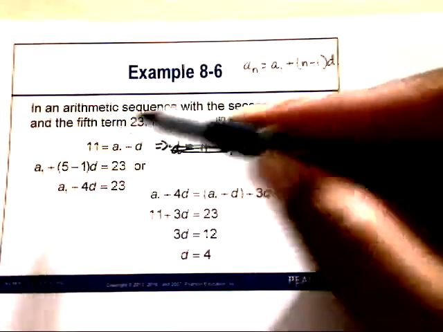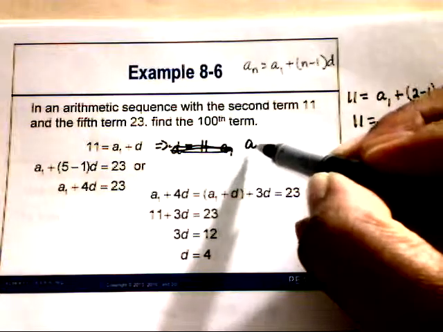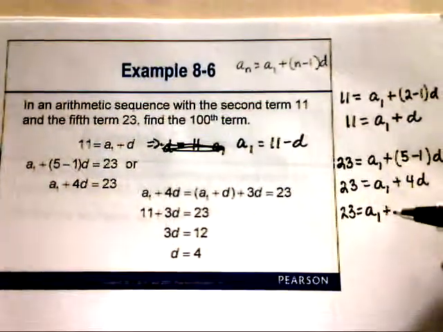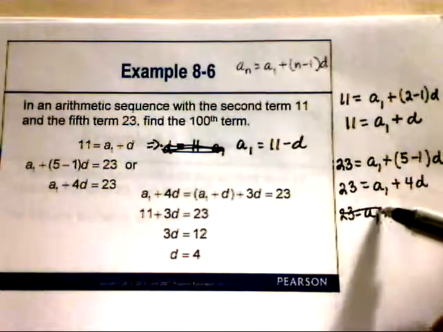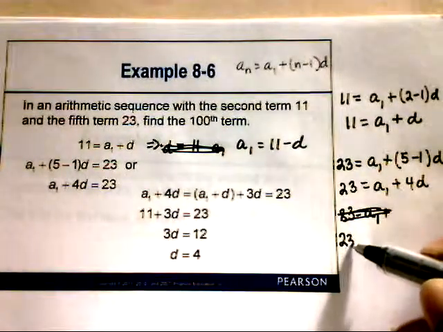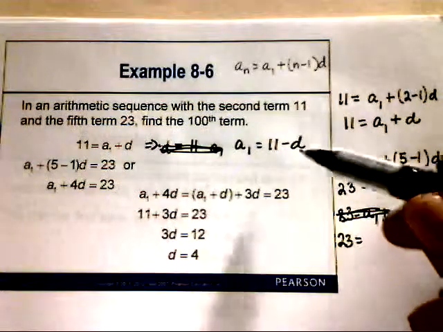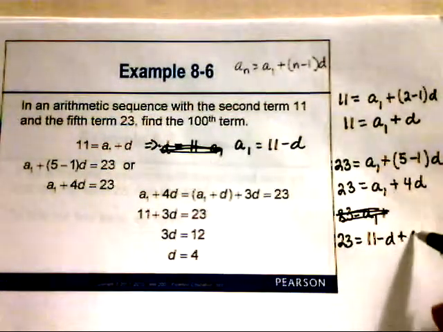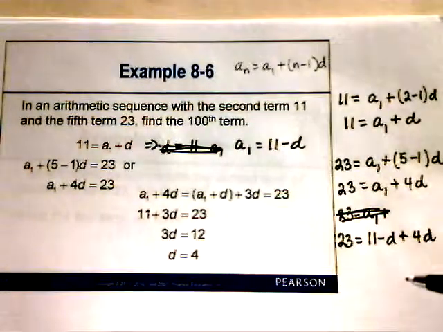If I get the a1 by itself, then you'll have a1 is equal to 11 minus d. Okay, and then we can do some substitution here. 23 is equal to, this a1 can be substituted with 11 minus d plus 4d.